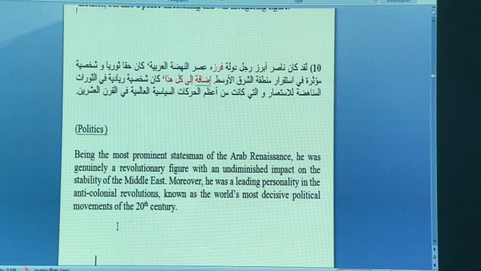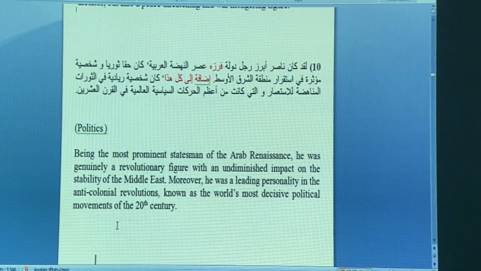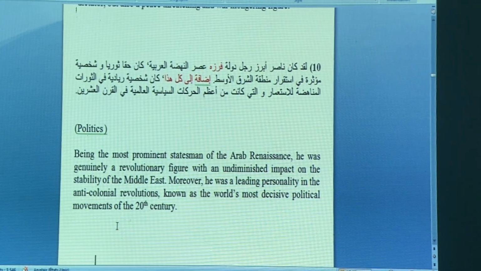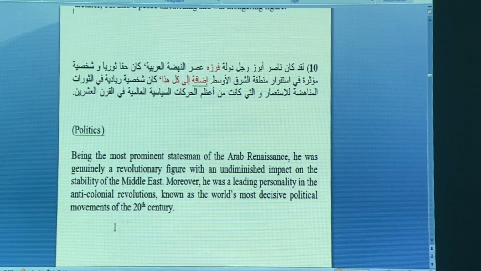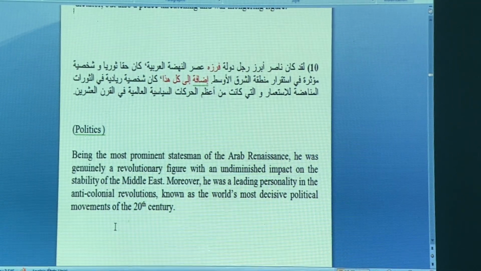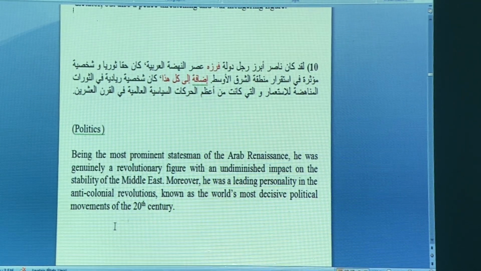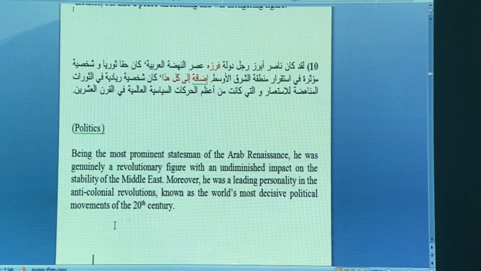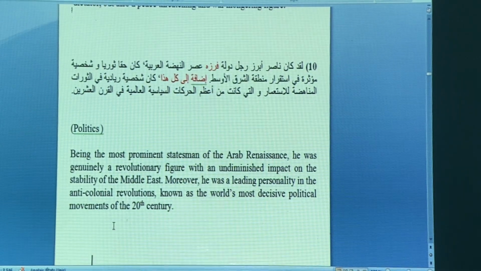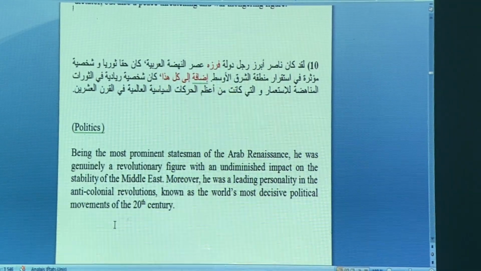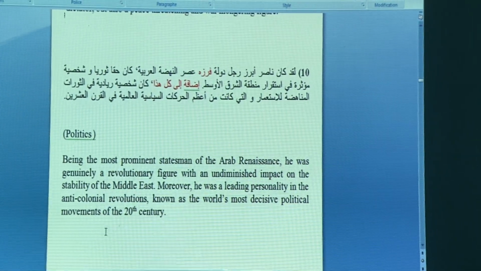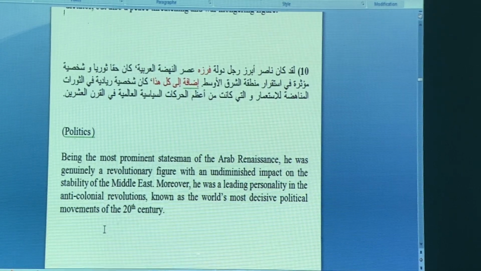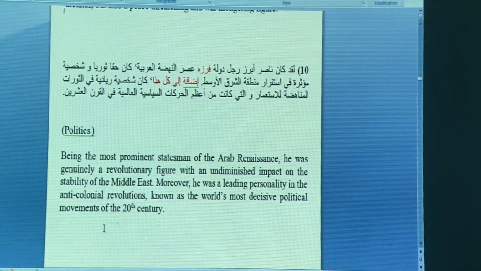Moreover, he was a leading personality in the anti-colonial revolutions known as the world's most decisive political movements of the 20th century. Pay attention to linking words like إضافة إلى كل هذا ورغم etc. In some context, even if you don't have linking words, if you feel that there is an opposition there between the two sentences, you can use a linking word. That's very important.